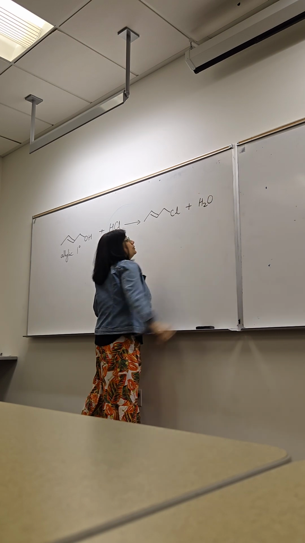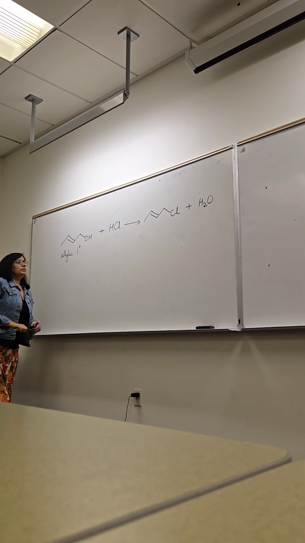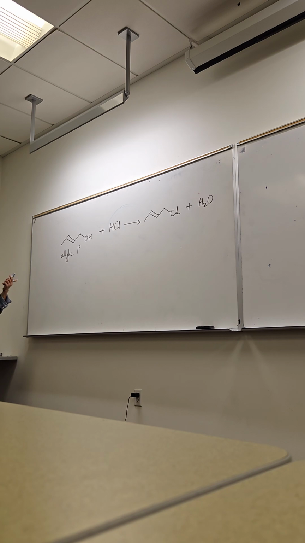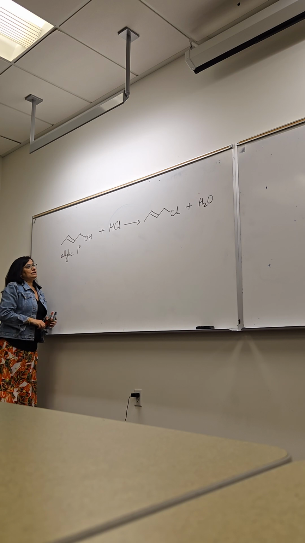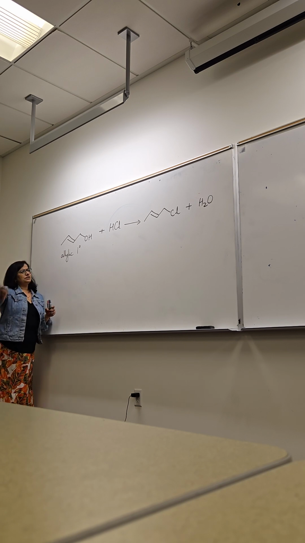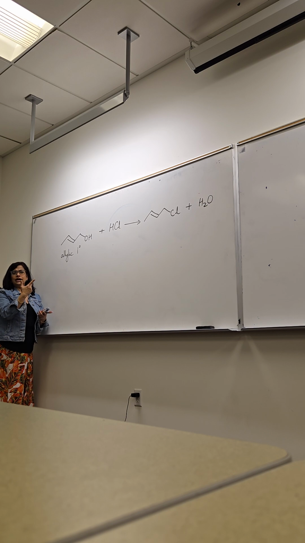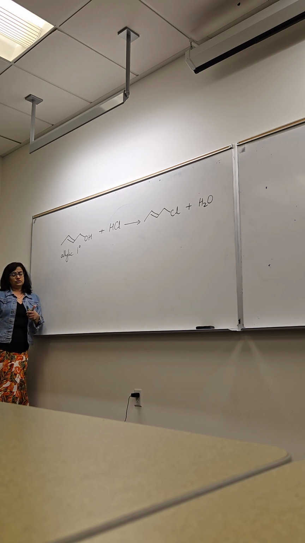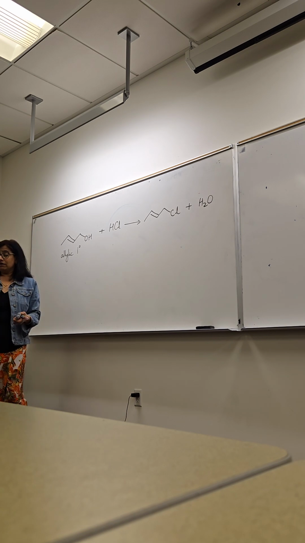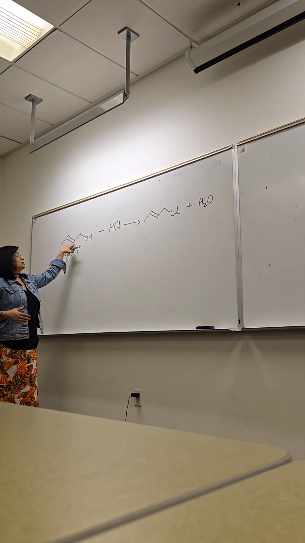Do you all agree? Let's write a mechanism, SN1. Can it do SN2? Actually, yes, it can do SN2 as well. It can do both. Why? We'll get to the comparison of the two later. But you probably saw it in lab. Crotyl chloride was pretty good for both reactions, right? It reacted very fast for SN2, and very fast for SN1 as well, because it's primary but also allylic.